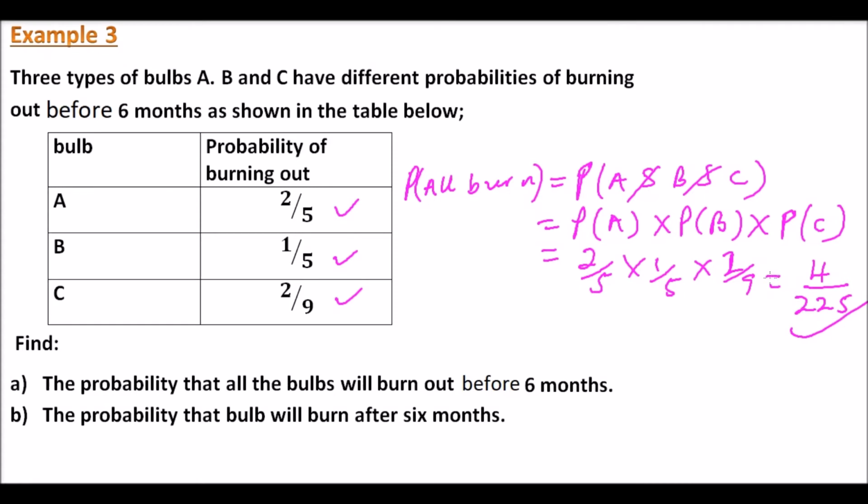Then part B, the probability that the bulbs will burn after 6 months. We say that the probability of an event happening, that is burning after 6 months, is equal to 1 minus the probability of them burning.